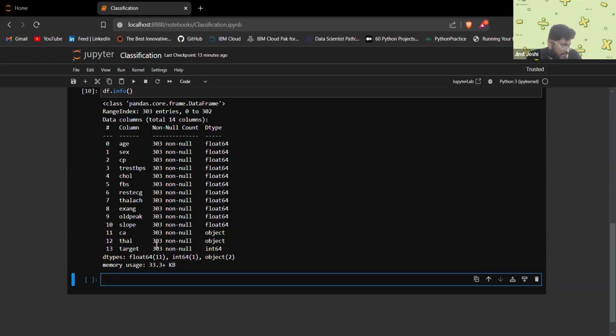Which column are you able to see a null value in? Zero is the value, so it's not an issue.